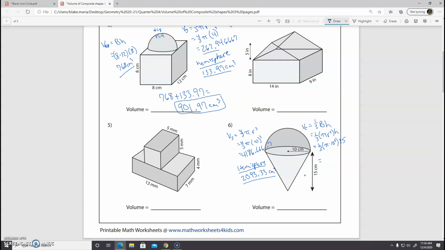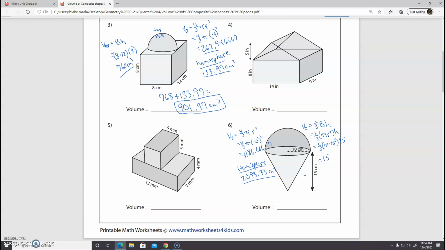Let's do a little math. So to be honest, this one says round, so I'm going to go ahead and just type it. So we have pi, 3.14, times 10 squared, so times 10 times 10, and times 15. And then 1/3 means we can divide by 3. And I got 1,570.